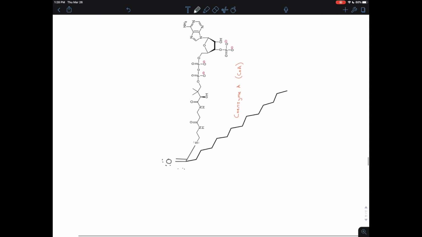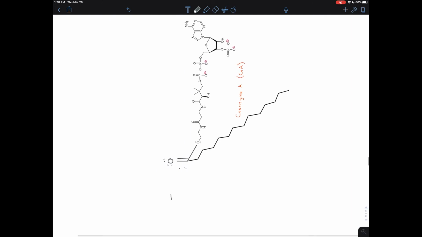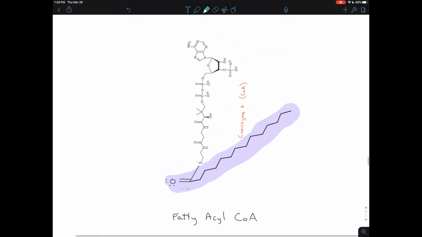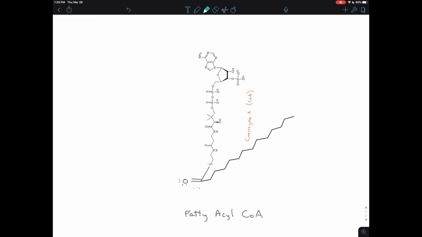And what we have here again is a second fatty acyl-CoA. We have our fatty group here, what was our fatty acid, and then we have the thing that replaced it that ultimately is going to act as a good leaving group, our CoA there. So we have a fatty acyl CoA.